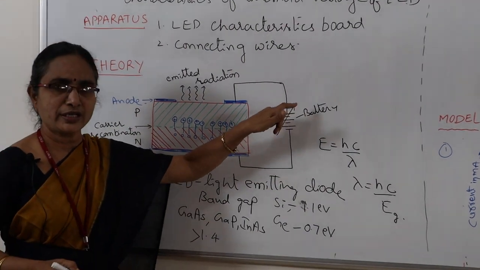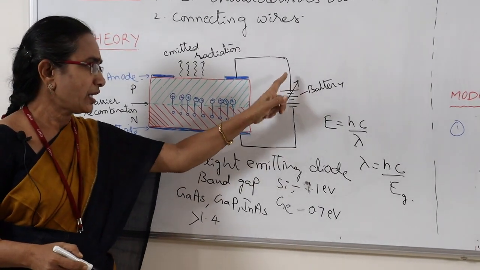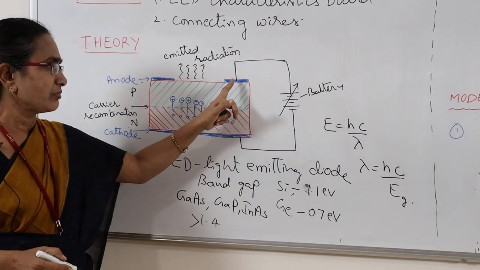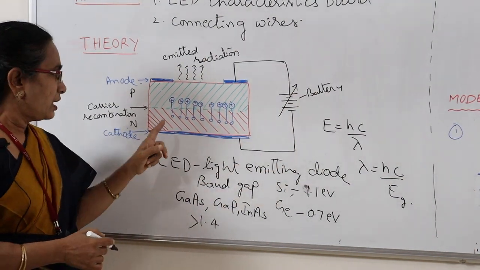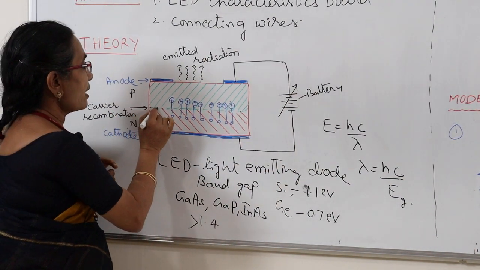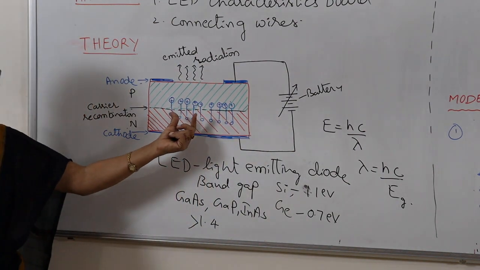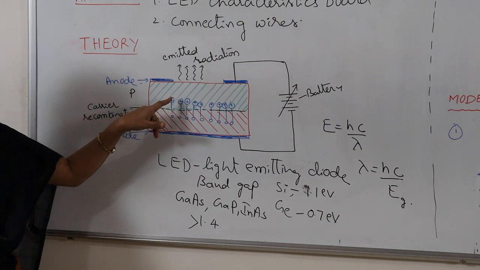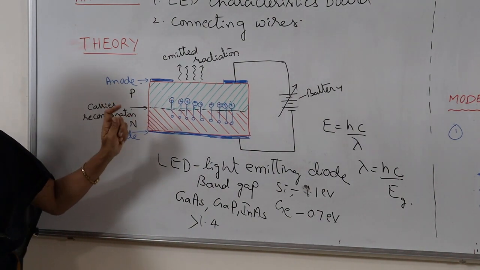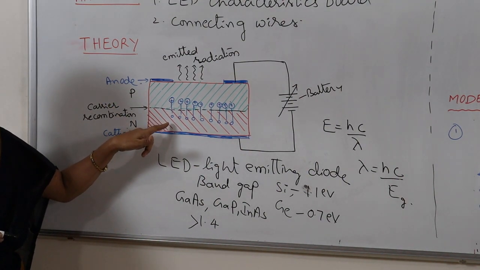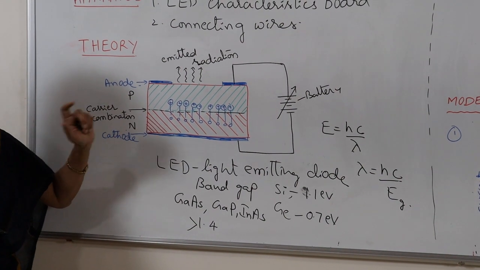This arrow mark indicates that it is a variable one, and it is connected to the N type. And here we have the potential barrier. Between the P and N regions there is a potential barrier, and the majority carriers in the P side are holes and the majority carriers in the N side are electrons.